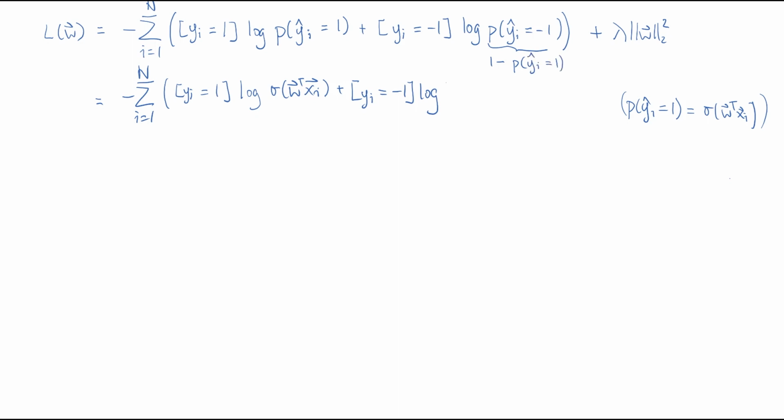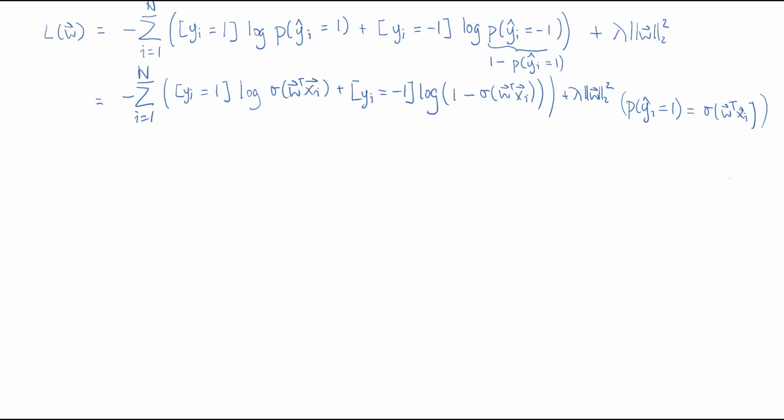Right? So we can directly write 1 minus the probability that y hat i equals 1, which is just going to be 1 minus sigma of w transpose xi. Okay, and then plus lambda times the 2-norm of w squared.